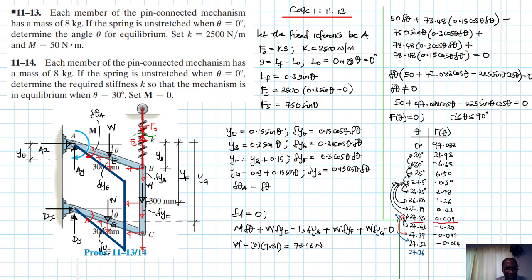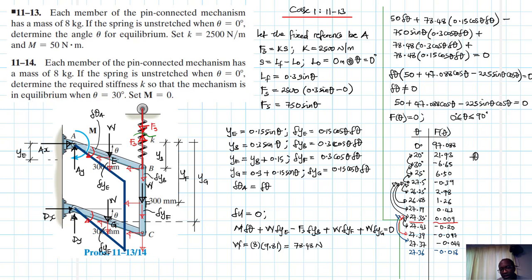So 50 plus 47.088 cos 27.36 minus 225 sine 27.36 cos 27.36. So we have a minus 0.018. Okay, so that is still the lowest value.